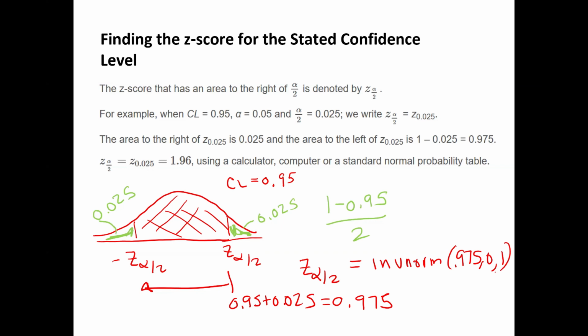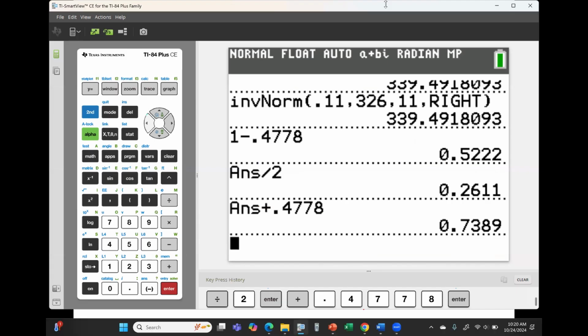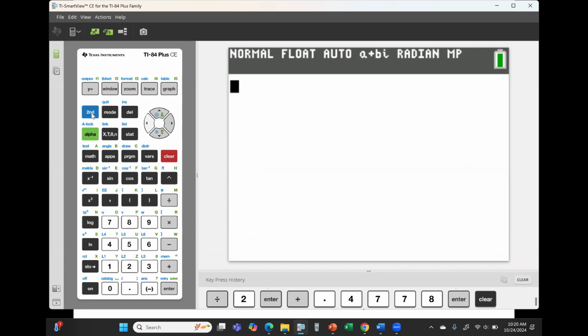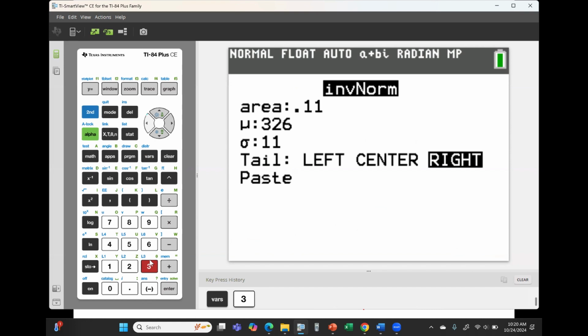Now, if you have a calculator that supports center, you can just use center. Let's go see if it is 1.96. So we're going to go inverse normal, second distribution, number 3. 0.975 is to the left of z sub alpha over 2.